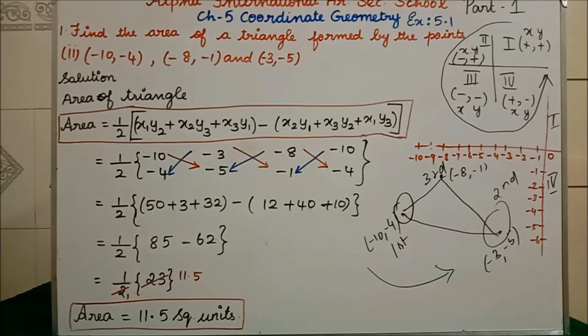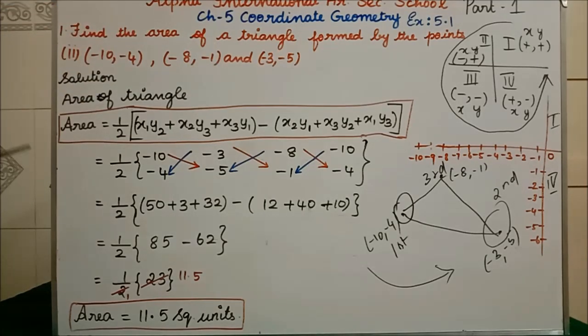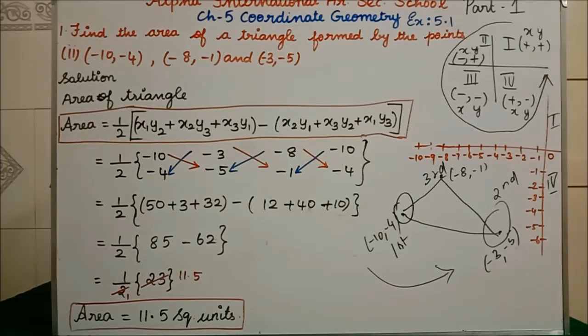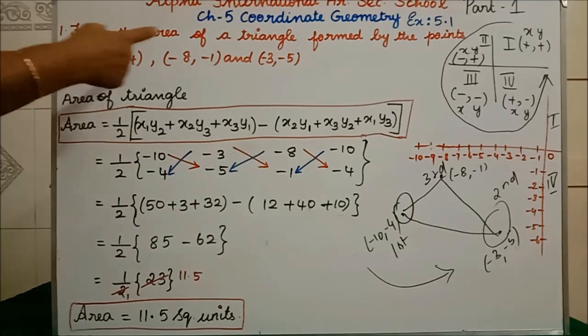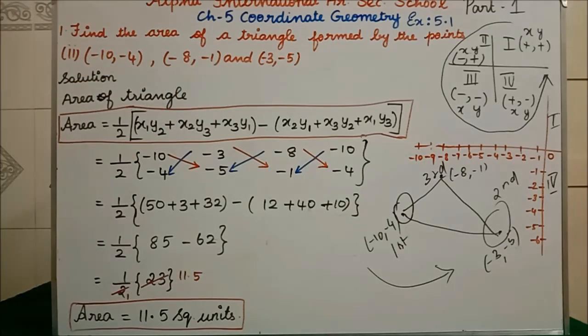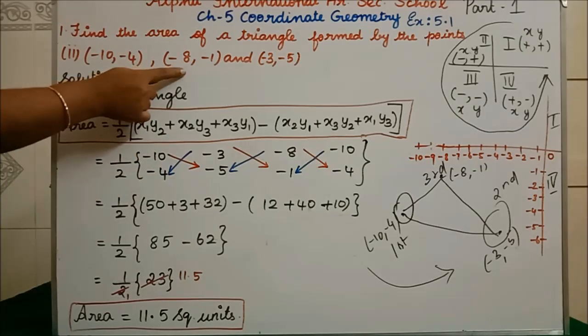Listen, you have to write the area of a triangle formula. Clear? Only then will you get 1 mark out of 2 marks. Equal to 1 by 2. The first point is (-10, -4), isn't it? But in your question they have given the second point as (-8, -1). You should not put that point after (-10, -4).